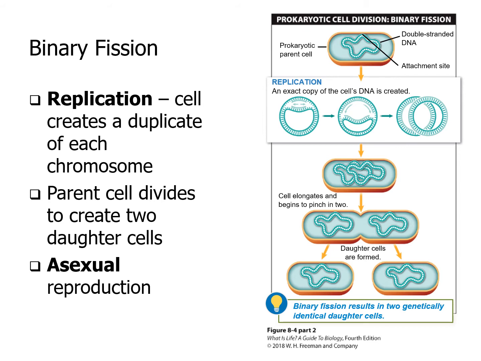First, we want to look at this word replication, which is where the cell creates a duplicate of each chromosome. So this is where the parent cell, a single cell, is going to divide to create two daughter cells. When it comes to prokaryotic cells, this cell division is going to produce two identical daughter cells from one parent cell. And what this is called is asexual reproduction.